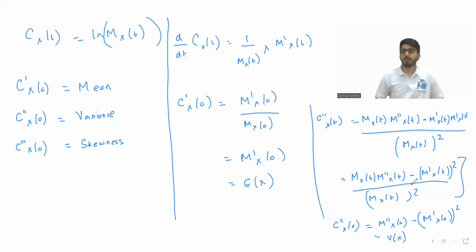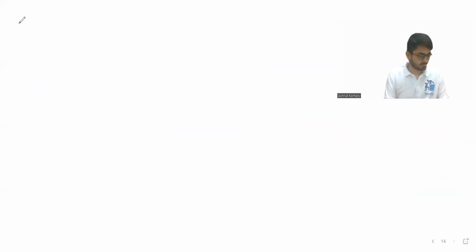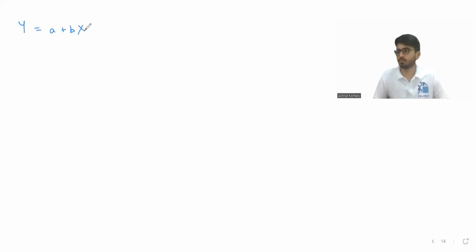Final heading for this topic: linear function of X. Say we have Y equal to a plus bX, where a and b are constants and X is a random variable. What I'm trying to do is express the MGF or CGF of Y in terms of the MGF or CGF of X. So if I start with M_Y(t), this will be expectation of e to the power tY.